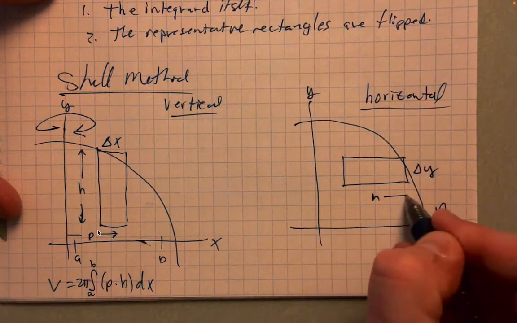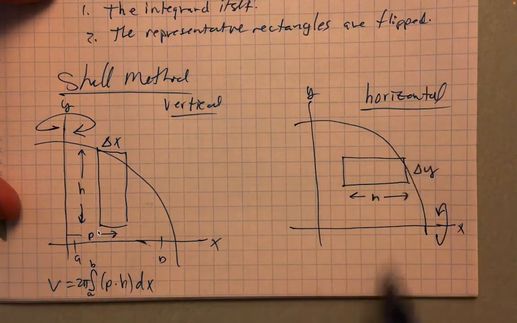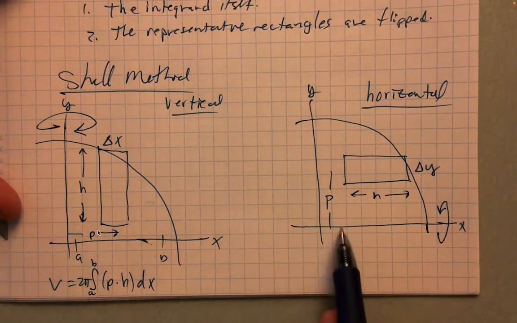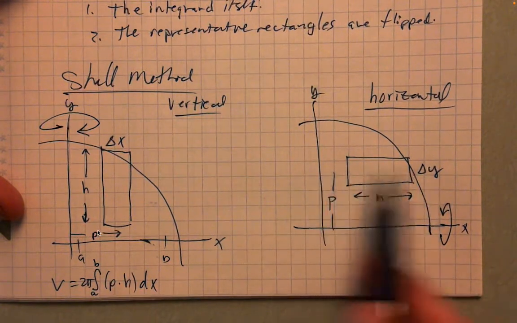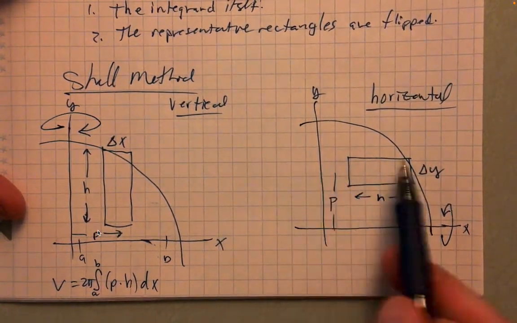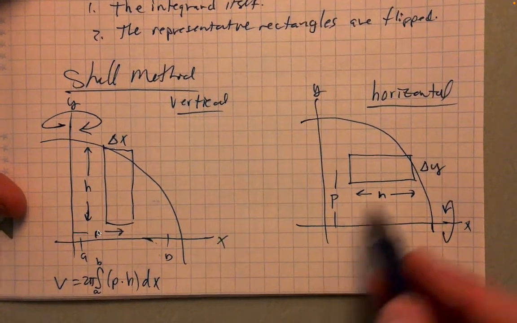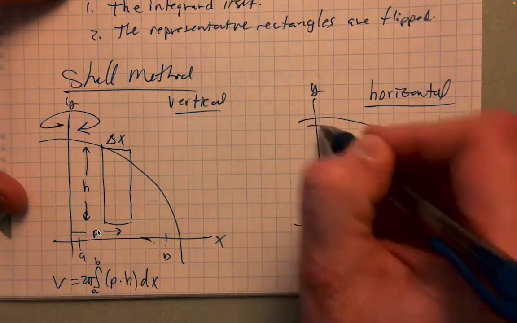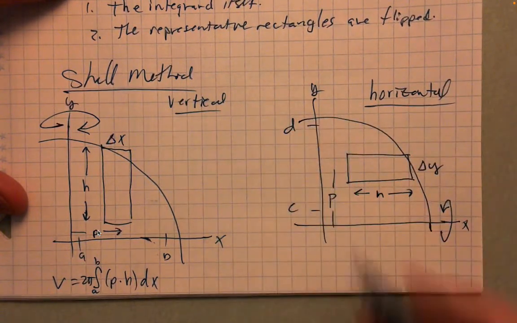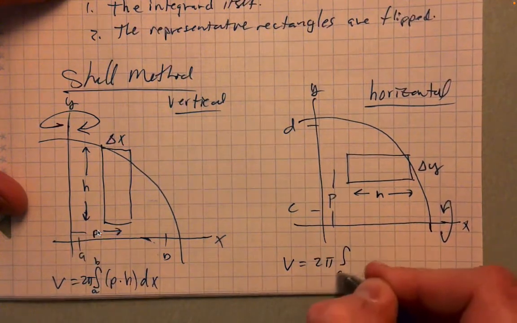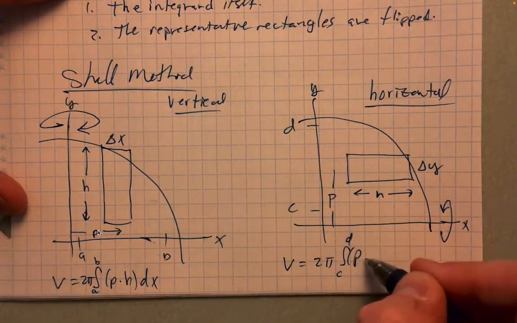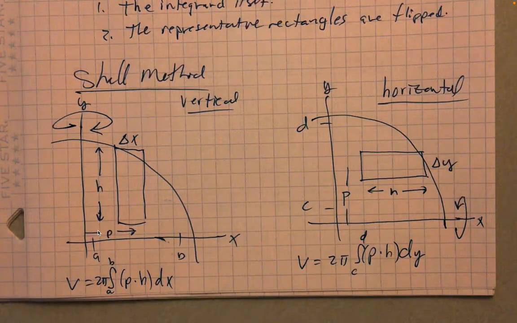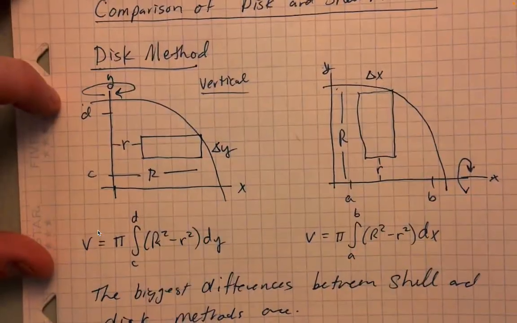We're going to have some h function, which is a function of y, and we're going to have some p function, which tells us the average radius from the center of the shell. It's basically the radius from the center of the shell to the axis of rotation, and that's also going to be a function of y. If you have a region c to d, then the volume there would be 2 pi times the integral from c to d of p times h dy. All right, so these are totally different.